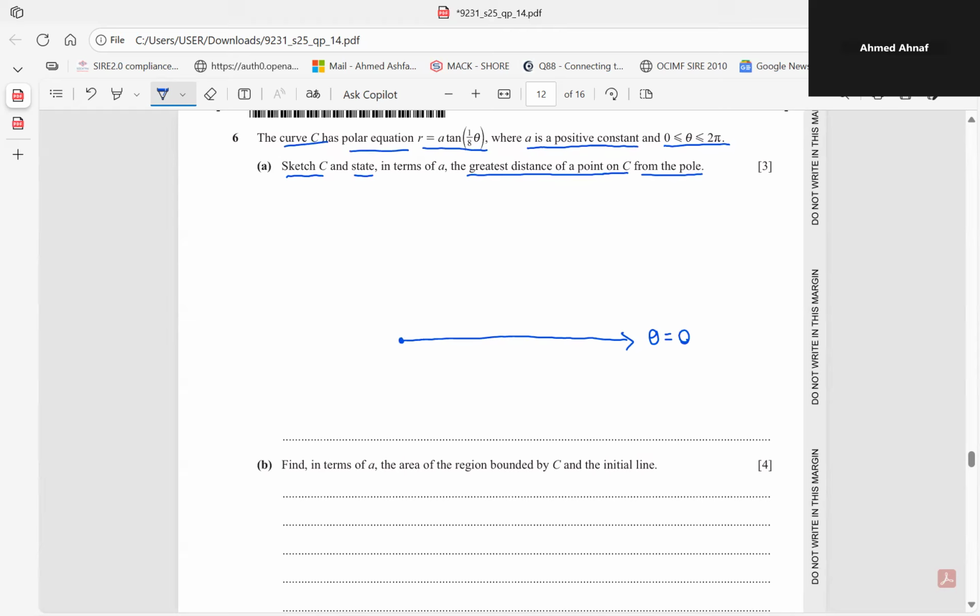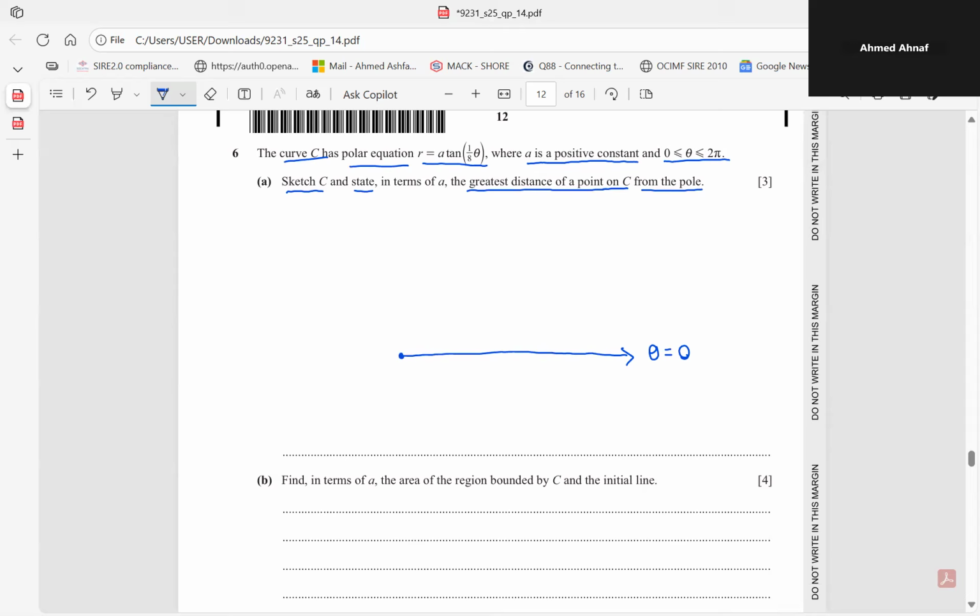It's almost like the origin, basically. To sketch polar curves, you basically do a table of values. So you take values of θ and r, where r is the distance from the pole to the point.